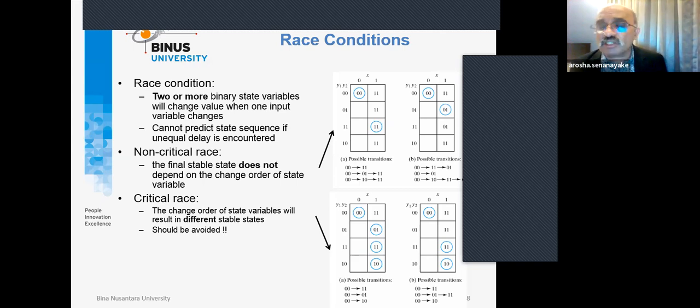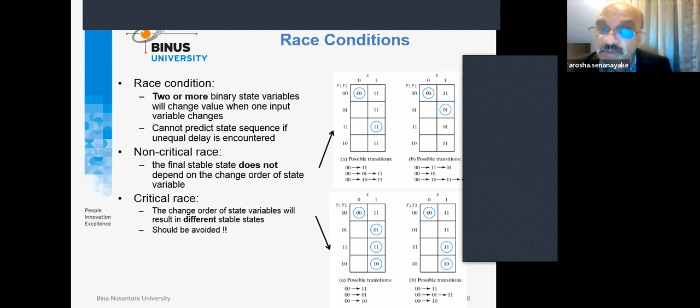There are two different types of race: non-critical race and critical race. A non-critical race is something we can cater for, not a problem, though of course we should avoid it.